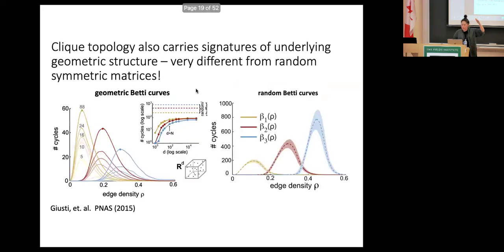This is really different than if we look at geometric Betti curves, where we're taking points from some Euclidean space and looking at their pairwise distances, using that as the input to the clique topology pipeline. There we see the opposite trend in the maximum values of the different dimension Betti curves. So this is one way that we could tease out truly random from random geometric structure.